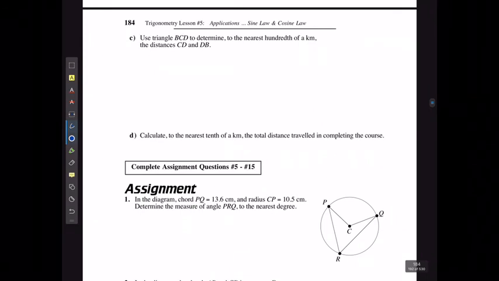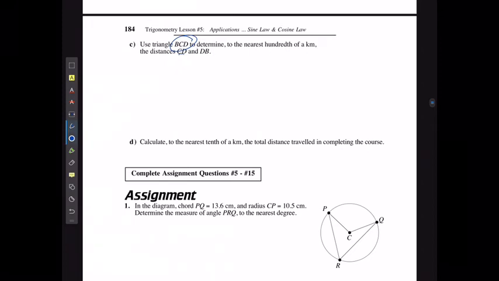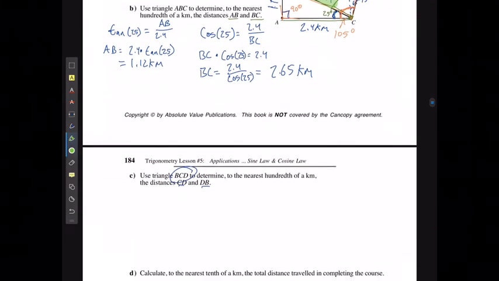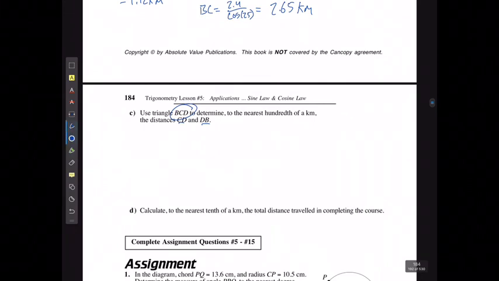For the last two parts, it's saying use the triangle BCD to determine to the nearest hundredth kilometer what the distance of CD and DB are. Well, I've already solved one side of this, which is going to be the B to C is 2.65. And then beyond that, I know the other angles in here. There's going to be an angle of 115, an angle of 80, and an angle of 40. So I'm going to translate that to this page. I'm going to say, well, I have my angles.